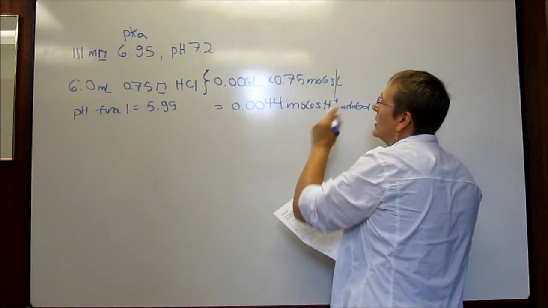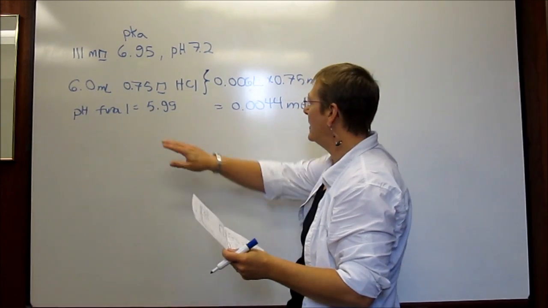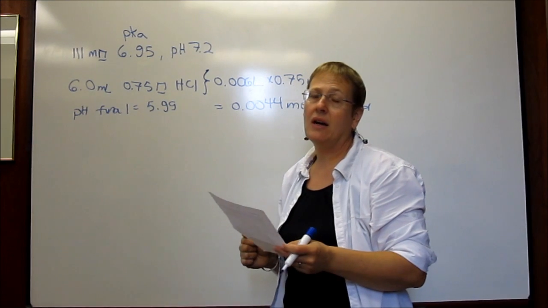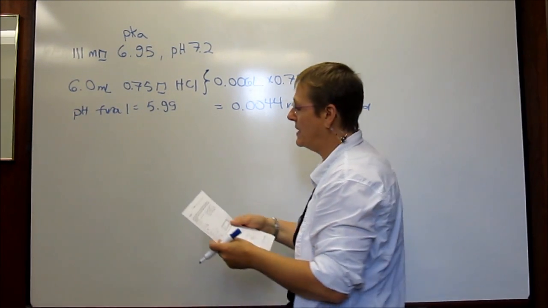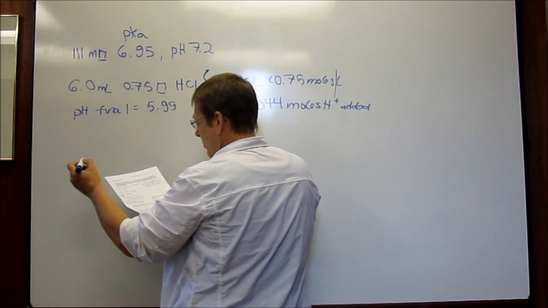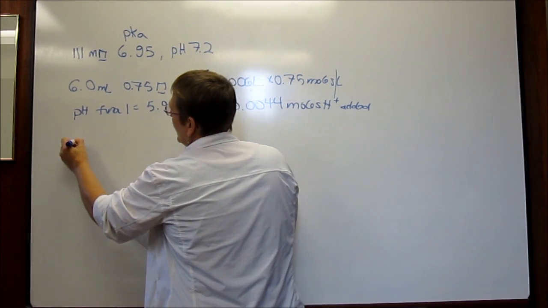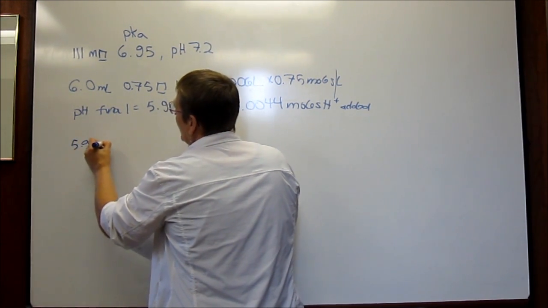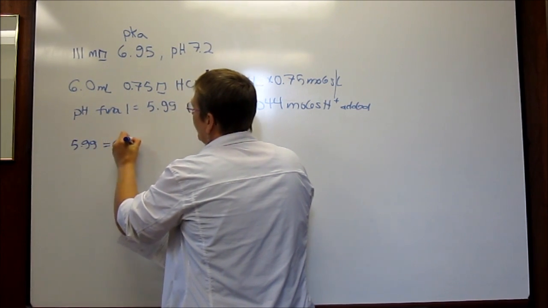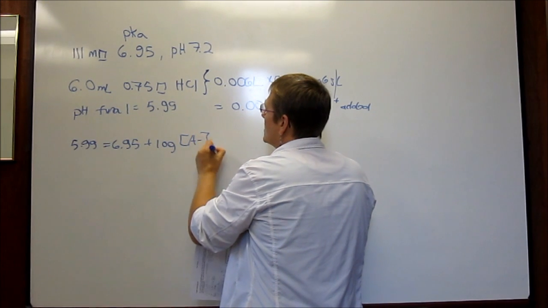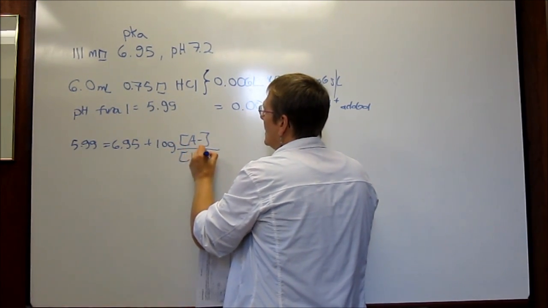Okay? We can also go through Henderson-Hasselbalch to figure out what the concentrations of HA and A minus are at each of these pHs. So just to quickly go through that, we have pH of 5.99 equal to 6.95 plus the log of concentration A minus over HA.